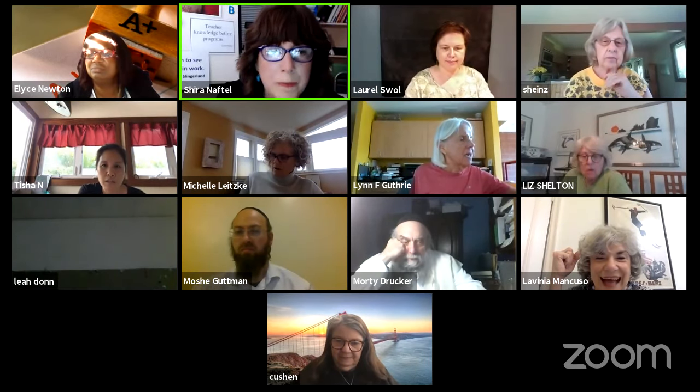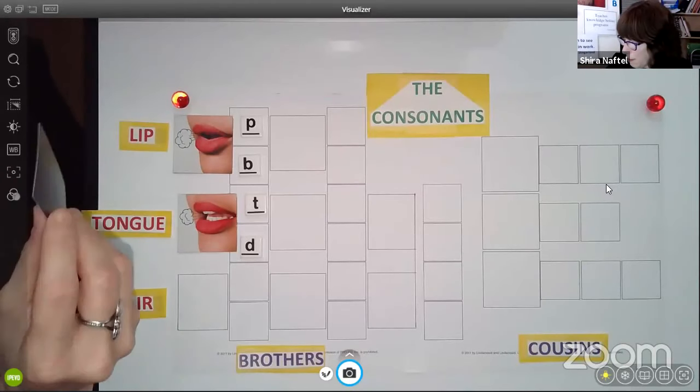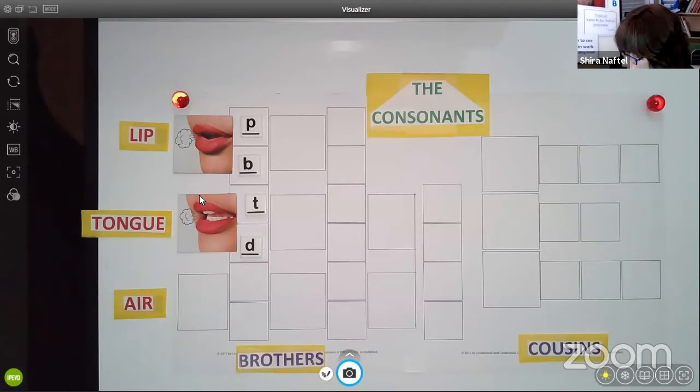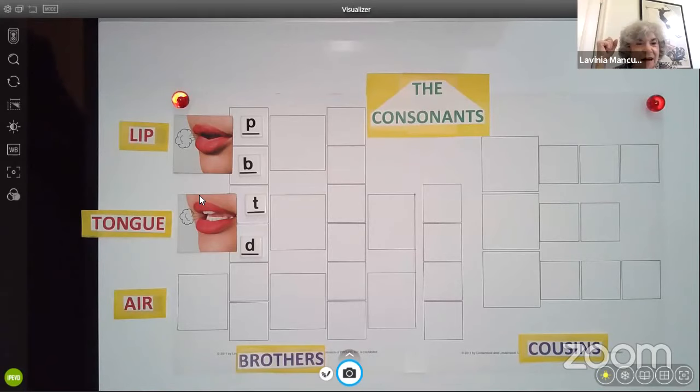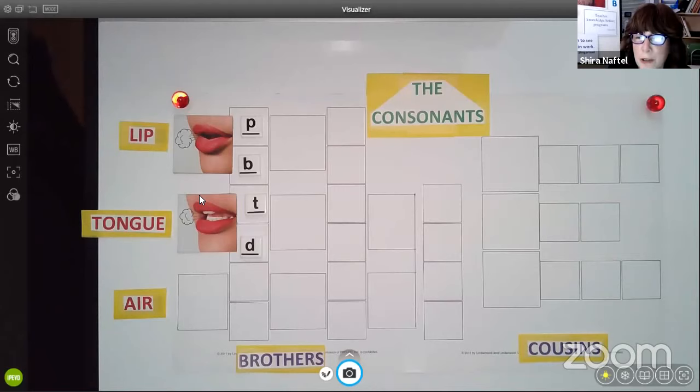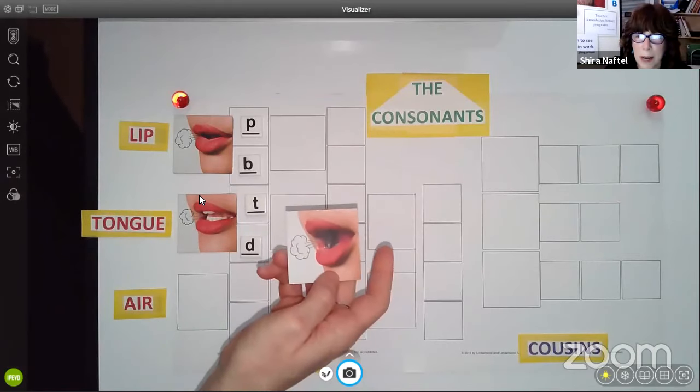Okay, and I'm going to show you my tongue scraper picture. We're going to put it where it goes. Lavinia, do you think it would go in my lip row, my tongue row? Where should I put it? Well, definitely the tongue or the air row because of what's going on in the throat. But probably because you feel and you see that there's air coming out, right?